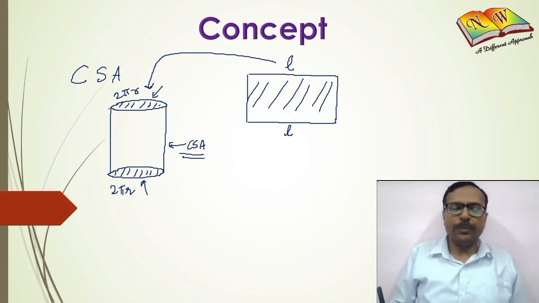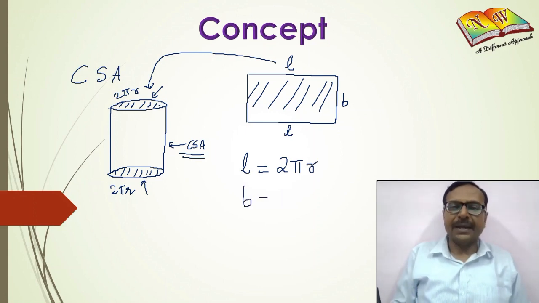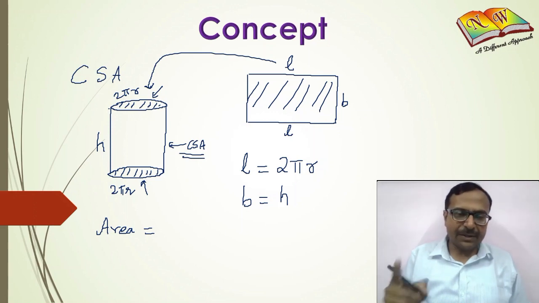So if you assume that the length is L and breadth is B, length L converts to the circumference of the top or the base, and the breadth gets converted to the height of the cylinder when you fold it into a cylinder. And obviously the area of the rectangular strip gets converted to the curved surface area of the cylinder.